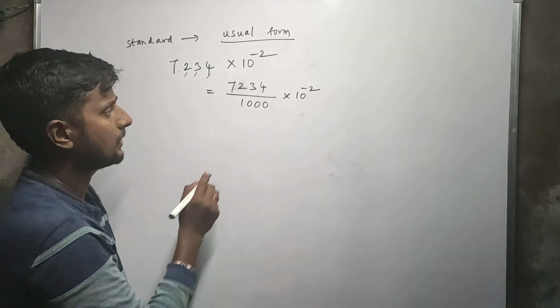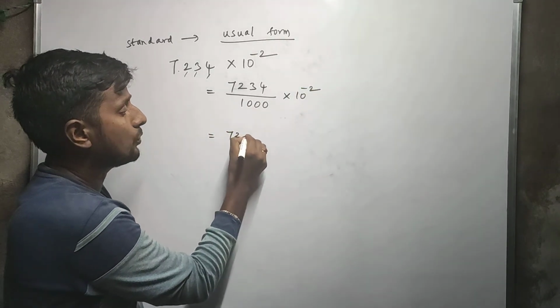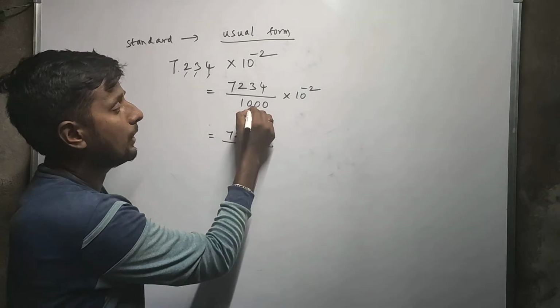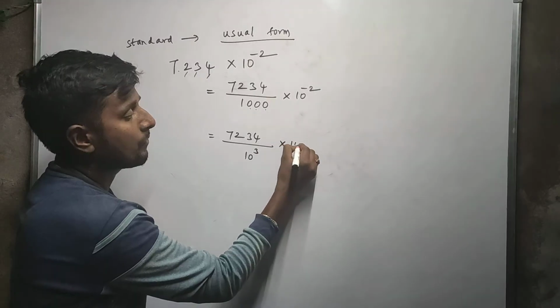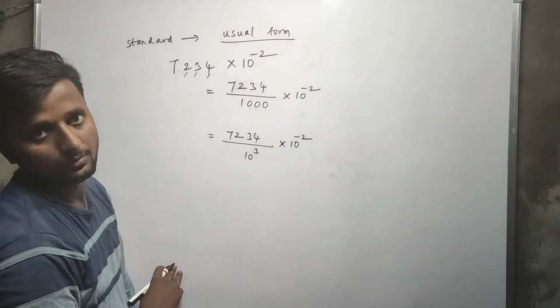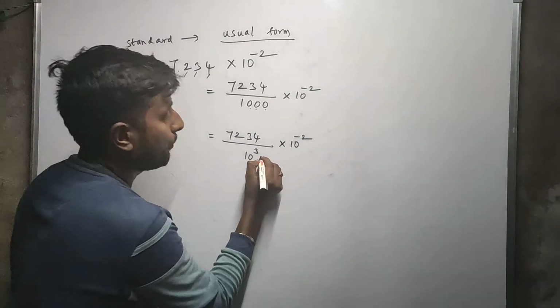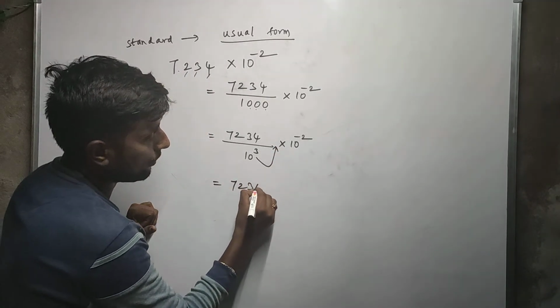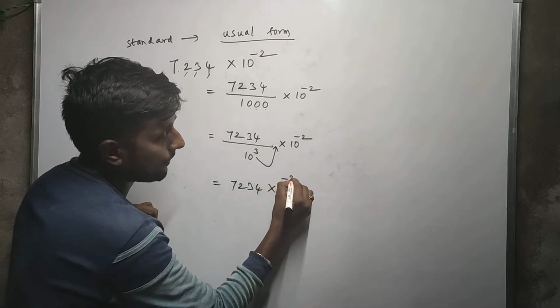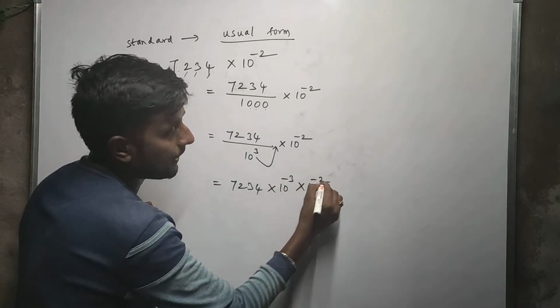Now 7234 by 10 power 3, minus 2. Correct? Now bring 10 power 3 to the upper side. What will happen? 7234 into 10 to the power minus 3, 10 to the power minus 2.